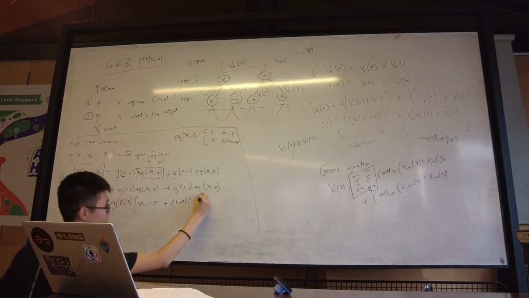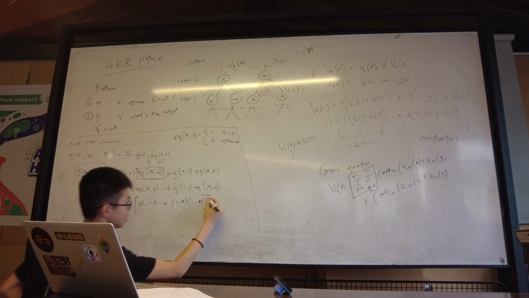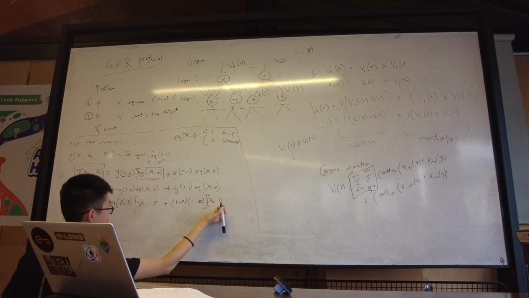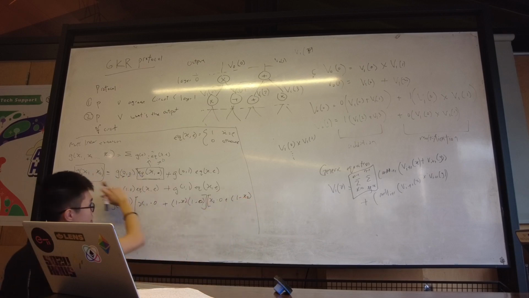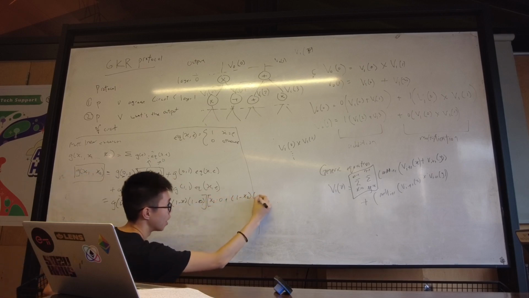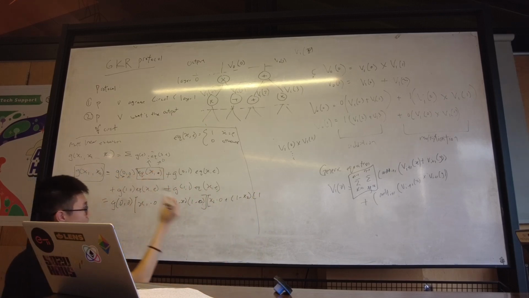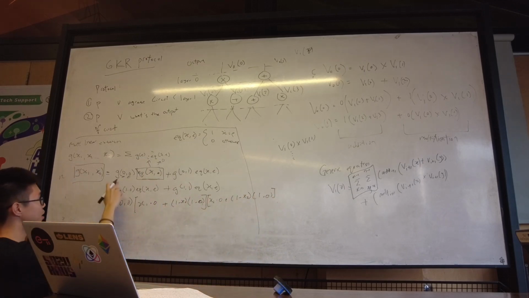Then we also need to do it for x2: x2 times e2, which is also 0, plus 1 minus x2, where x2 is an unknown, times 1 minus e2, and e2 is also 0. And this is the first term of this entire thing.